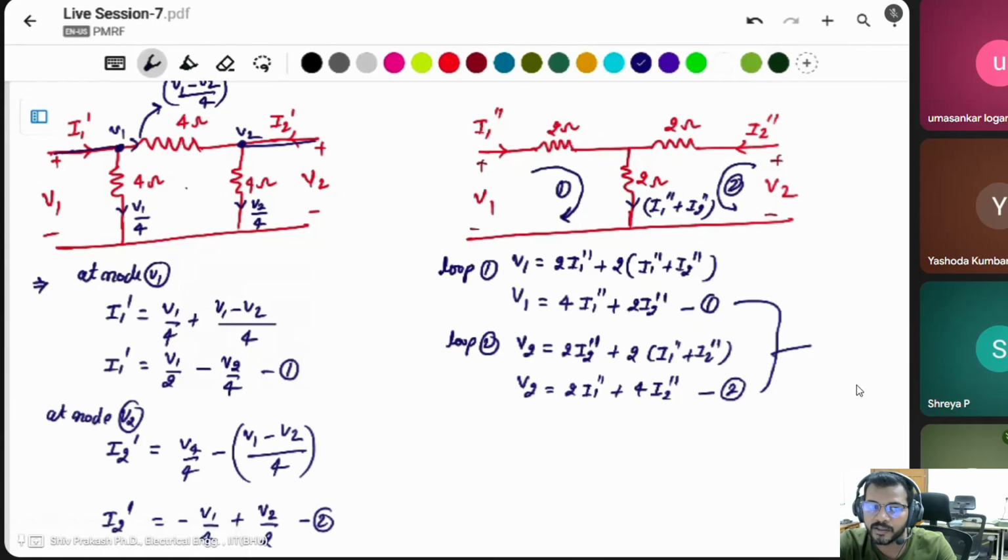How can you find it? Simply find I1, I2 from these two equations. What is I1 double dash from this equation? It is (V2 minus 4 I2) divided by 2.